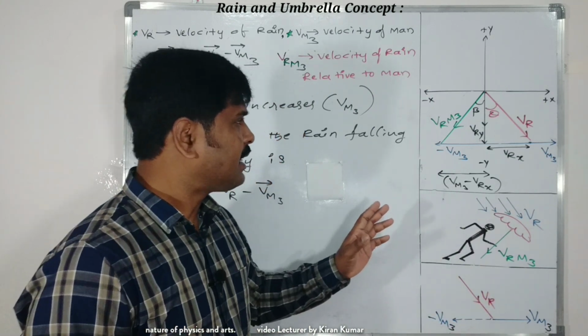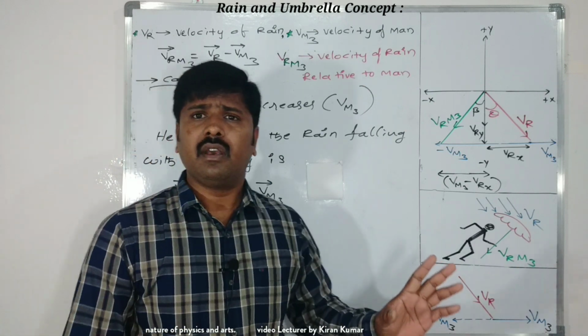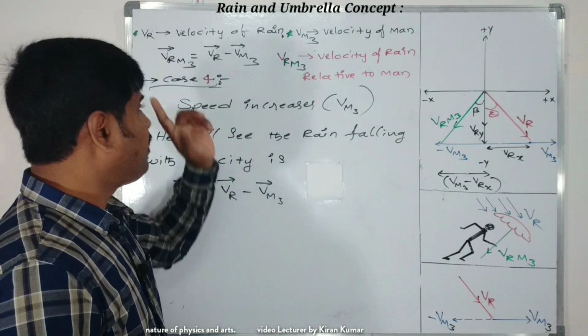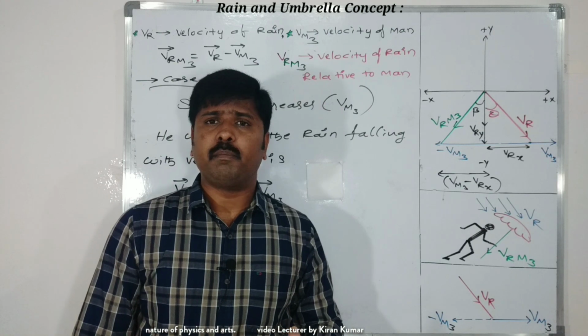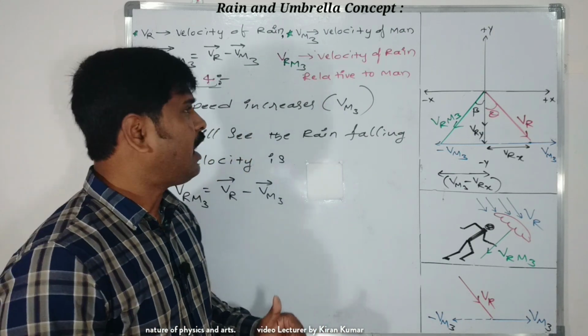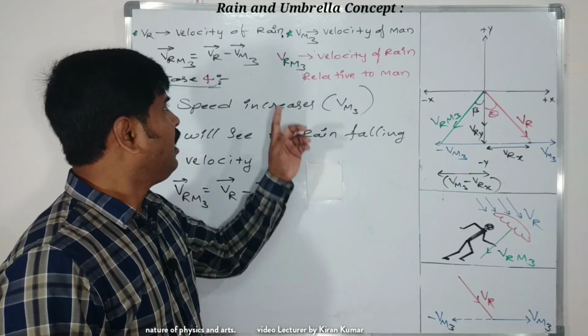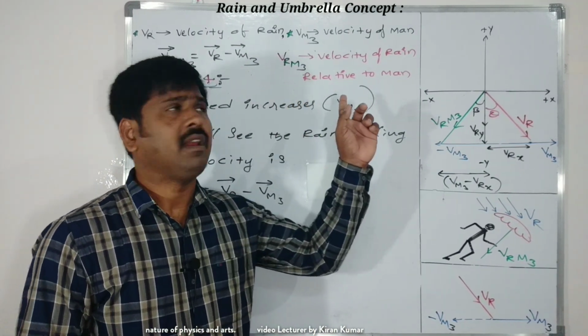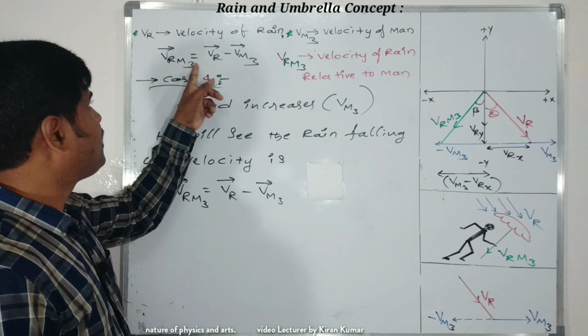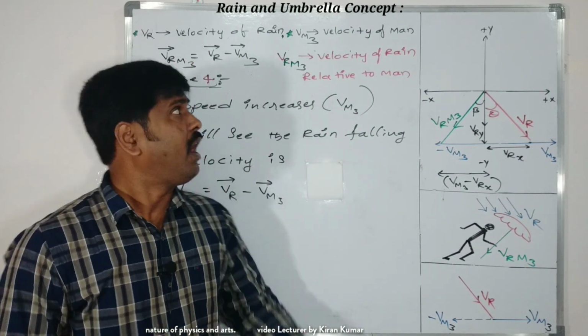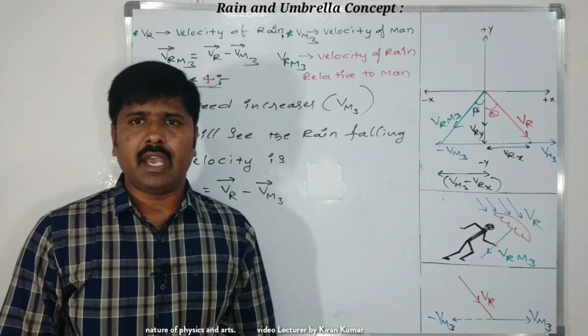Now we will discuss the derivation. Here Vrm3 is equal to Vr minus Vm3. He will observe the velocity of rain related to the velocity of man, that is Vrm3, which is equal to Vr minus Vm3.